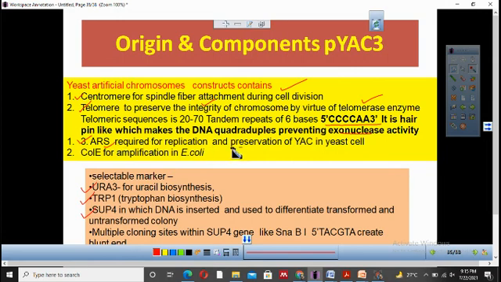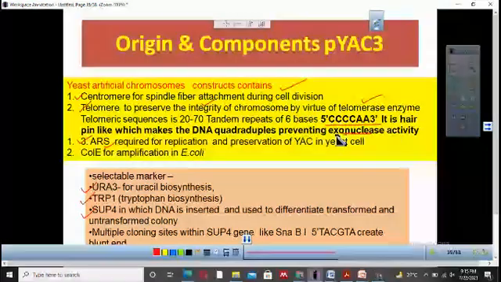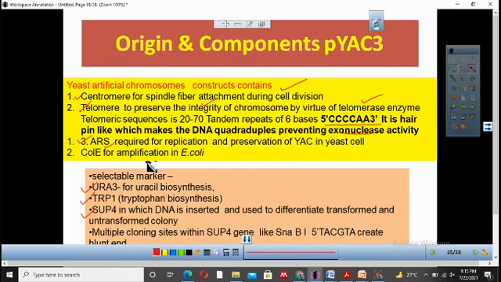ARS has the replicon and is essential for replication initiation. And ColE1 is the bacterial origin of replication.